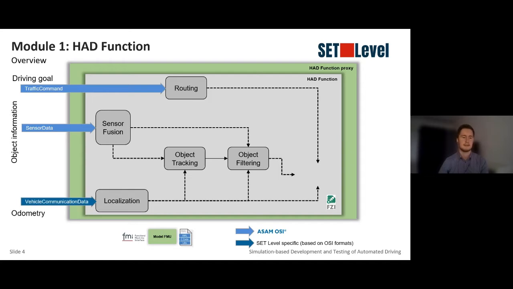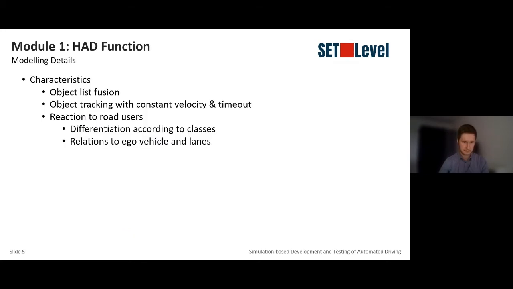And then lastly, there's odometry in the form of vehicle communication data, which is a OZ-like but set-level developed message, which is not yet standardized. Altogether, this goes into trajectory planning, and the output is a trajectory in the form of a motion command, yet another set-level developed OZ-like message.